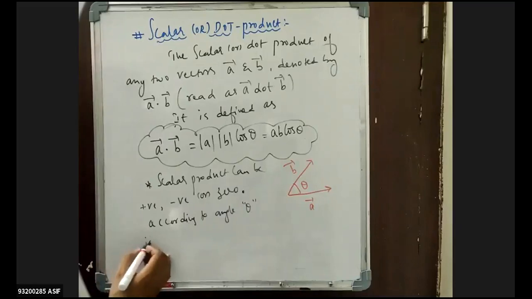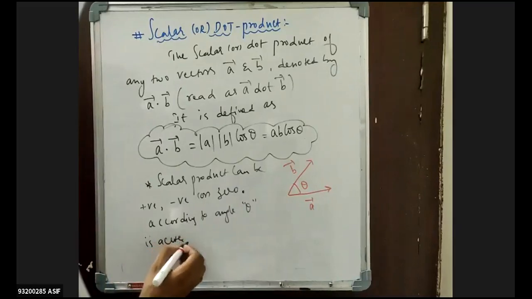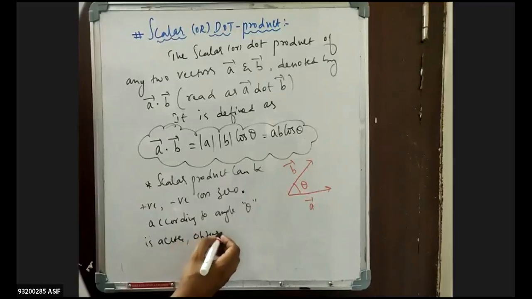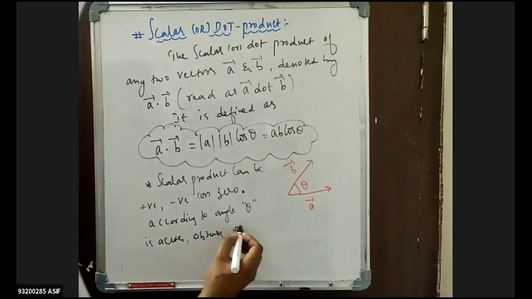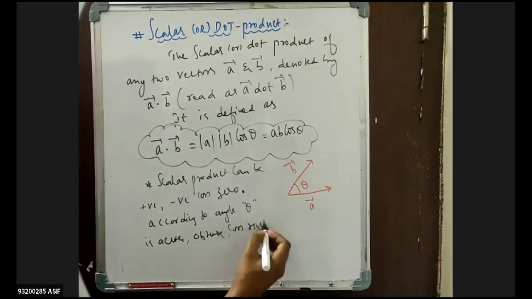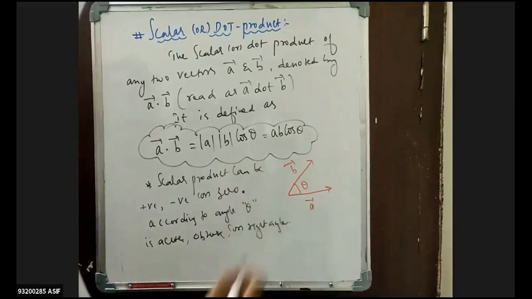For example, if it is acute, it is positive; obtuse, it will be negative; or right angle to each other, zero. So the scalar product can be either positive, negative, or zero according to the angle theta.